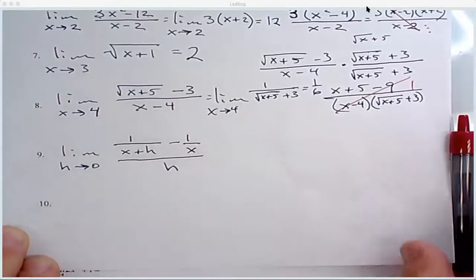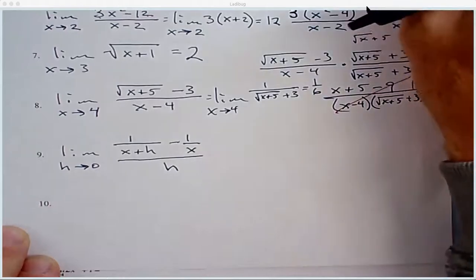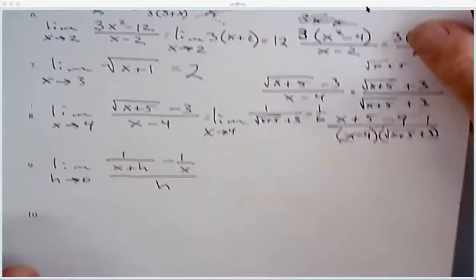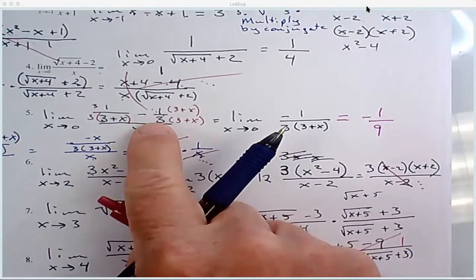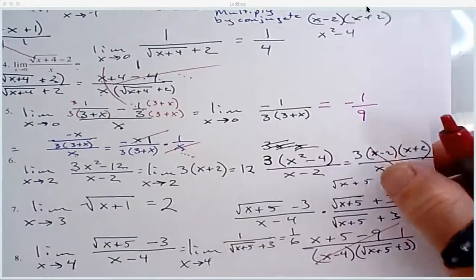So if you look at this one right here, number 5, it looks similar to number 5, except I have 2 variables.